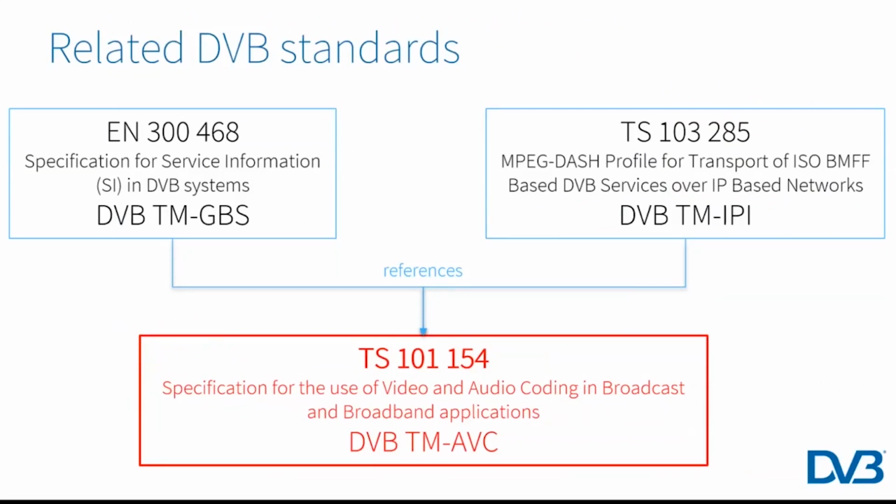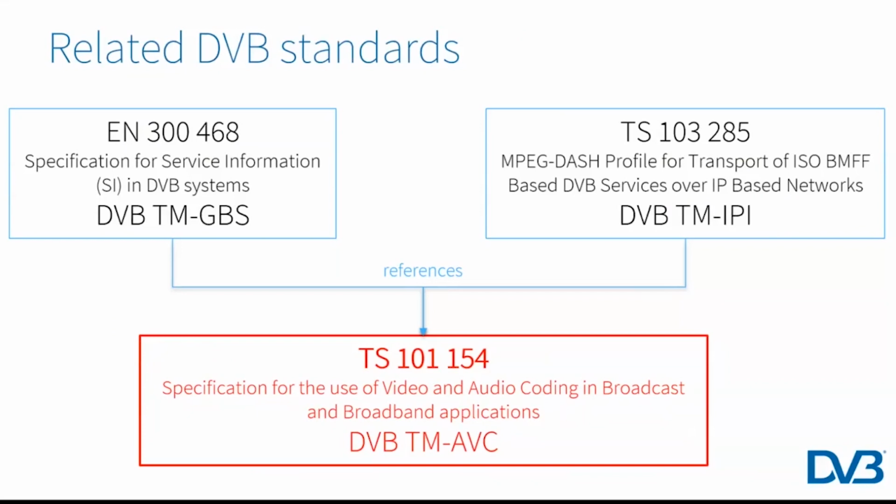Bit streams that carry this dynamic metadata in the MPEG-2 transport stream. The other one is TS 103 285, which is the MPEG-DASH profile for DVB, what we usually call within DVB the DVB-DASH.